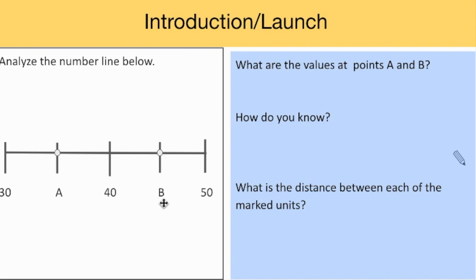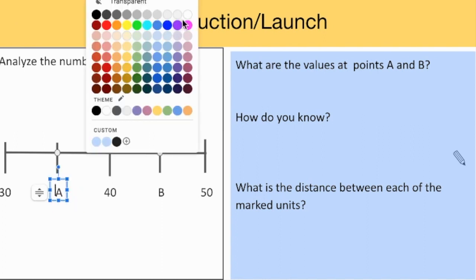Well, I'll give you a hint. This line looks to be in the middle of 30 and 40. What number do we know that is exactly between 30 and 40? Wow, if you said 35, then you are correct.